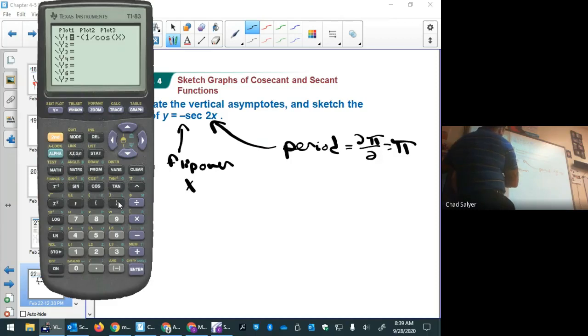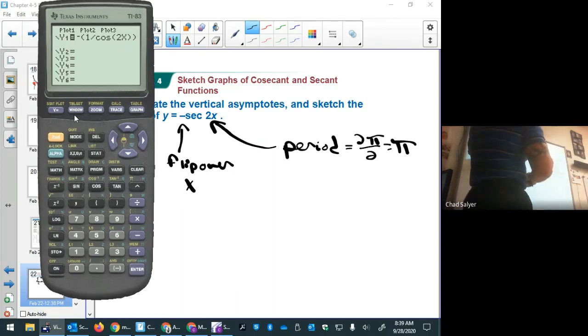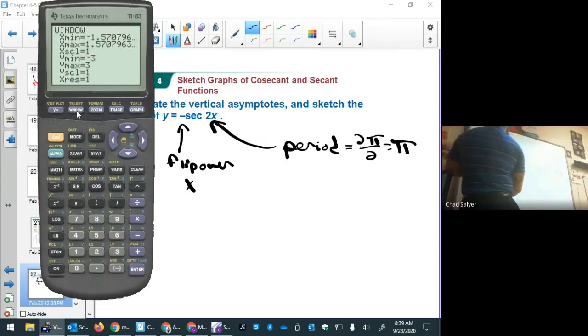One good thing about having these old calculators is you really understand the relationship between the reciprocal functions and the original trig functions, because you have to put them into this format. And we want to go from negative pi to pi.